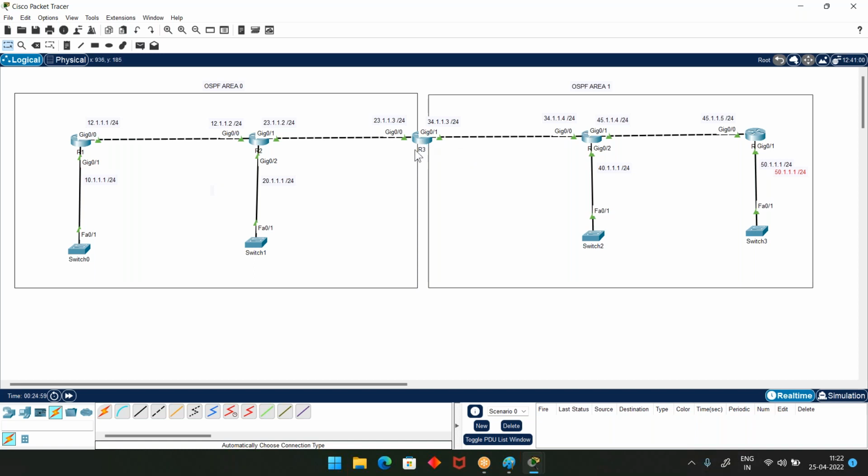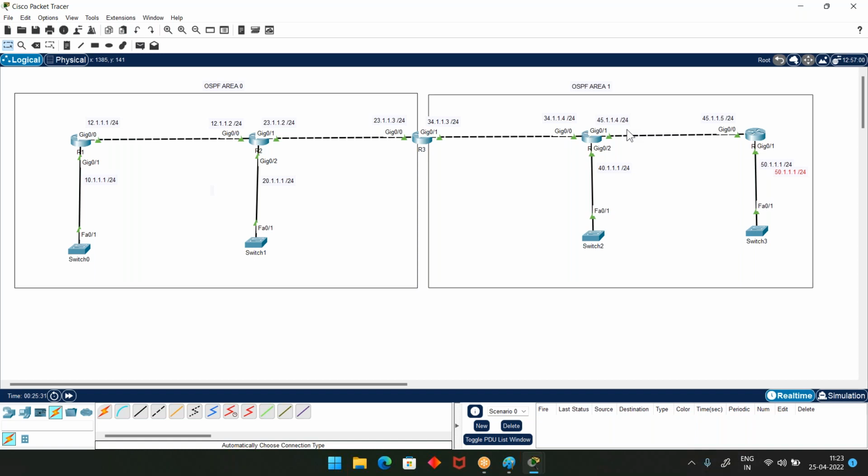This ABR router will share the area 0 networks into area 1 and area 1 networks into area 0 as well. This is called multiple areas in the OSPF protocol.